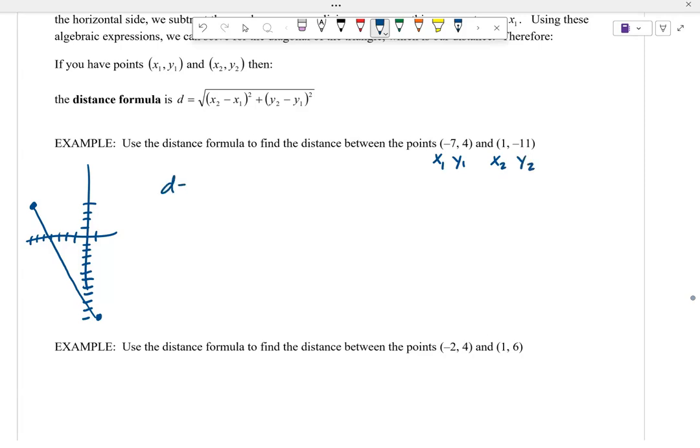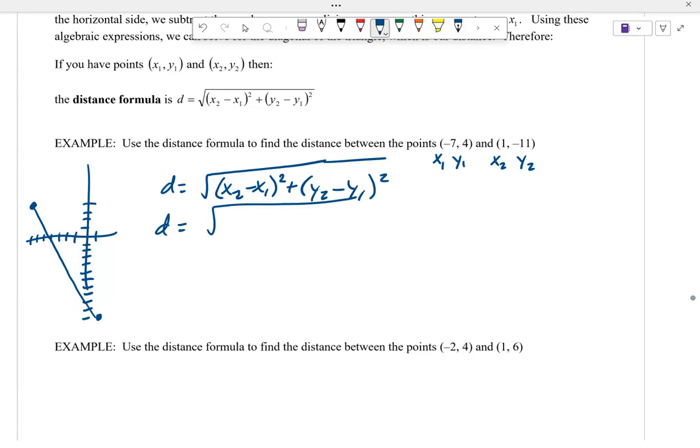And let's go ahead and find the distance between them. And let's plug it in. So our x2 is 1 minus our x1, which is -7. So 1 minus a -7, and that quantity is squared.